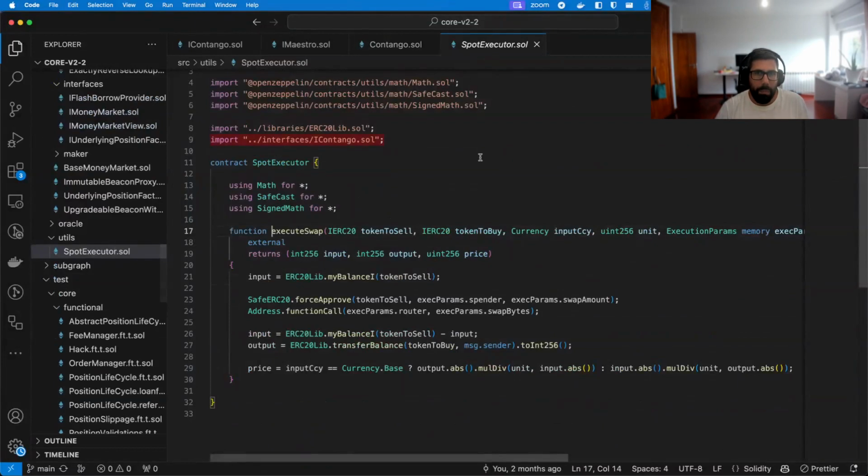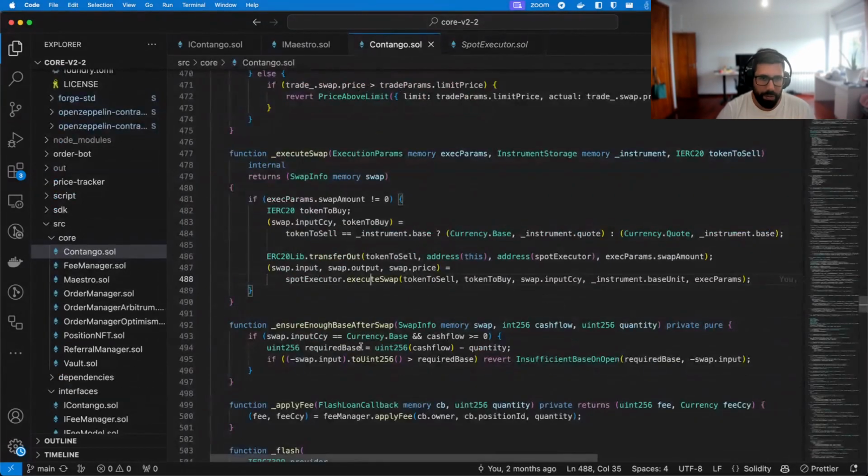So by delegating the execution to this spot executor, it means that the message sender and everything that gets to call to execute the call data is this spot executor, which has zero permissions, is a silly contract in the blockchain. So it doesn't have permissions to do anything other than executing the swap. So that breaks the permission chain, or the message sender chain, and means that Contango only does what is written here and nothing else.